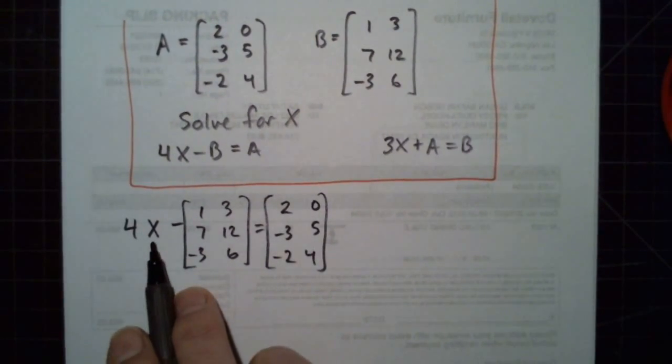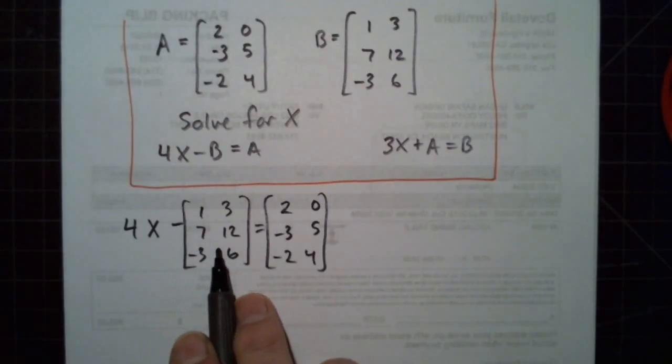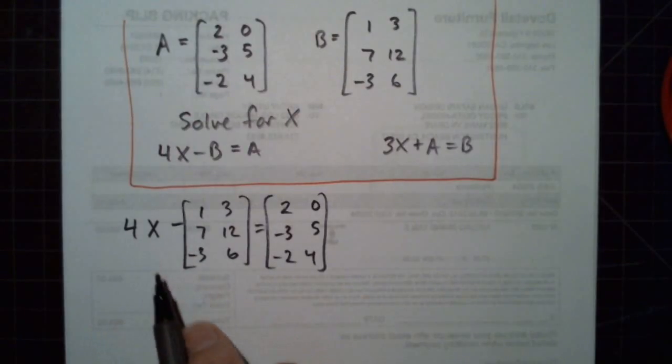And so now we want to get x by itself. We're going to add this to both sides. So then we'll just have 4x.